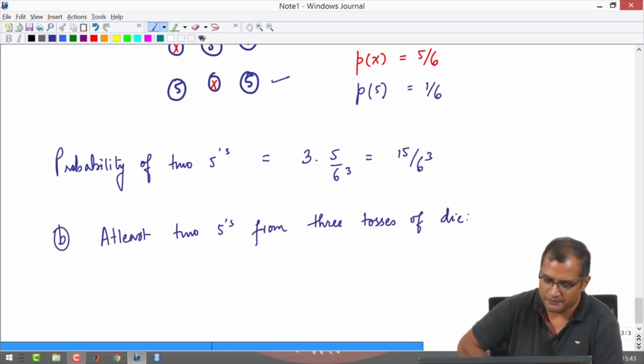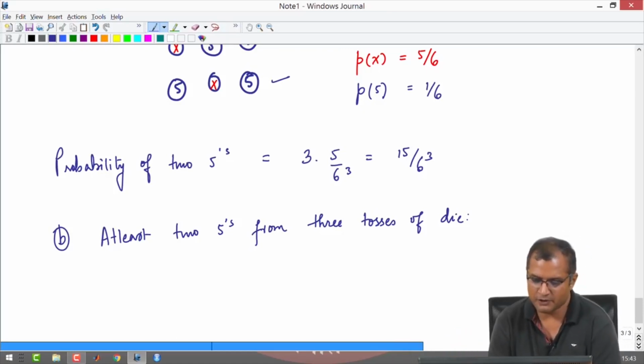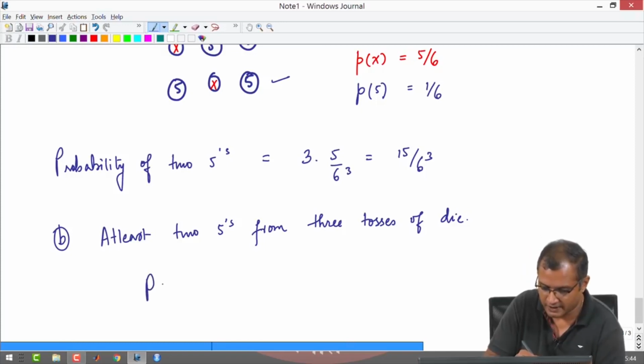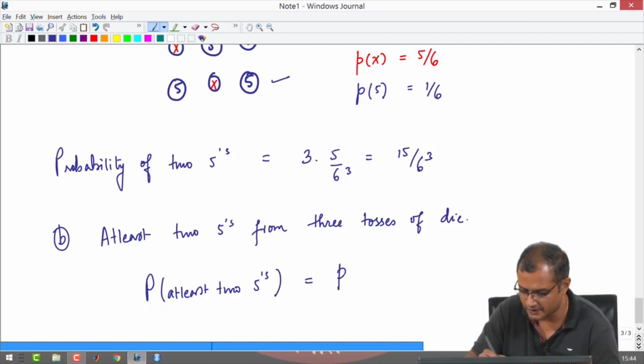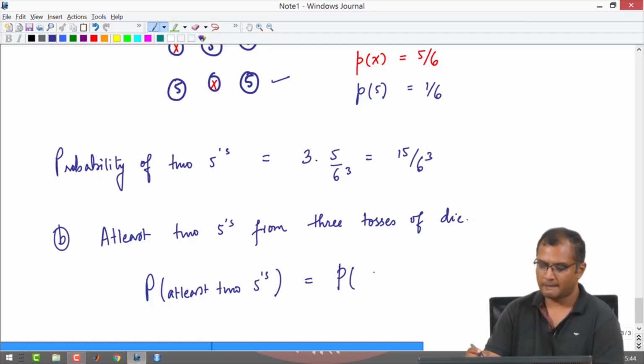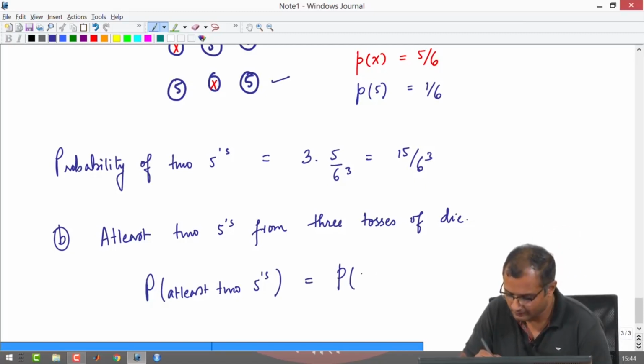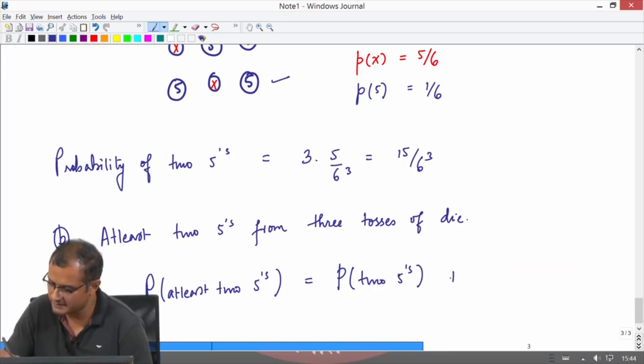So, what we solved previously was the probability of exactly 2 5s. What I am asking now is the probability of at least 2 5s. Probability of getting at least 2 5s is equal to the probability of getting 2 5s plus the probability of getting 3 5s.